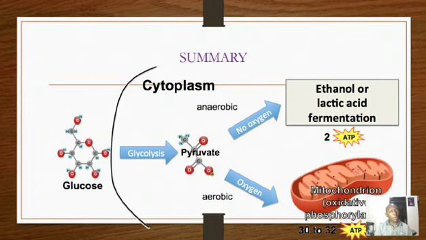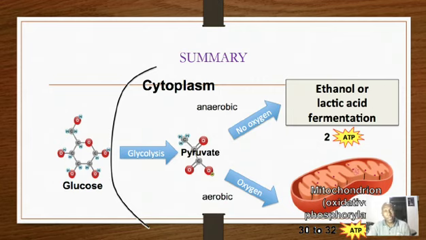All these now occur within the mitochondrion, meaning the pyruvate is now fed into the matrix of the mitochondrion for the Krebs cycle to take place. After which, even the ETS will occur on the stalked granules, leading to oxidative phosphorylation, hence formation of energy or formation of ATP.